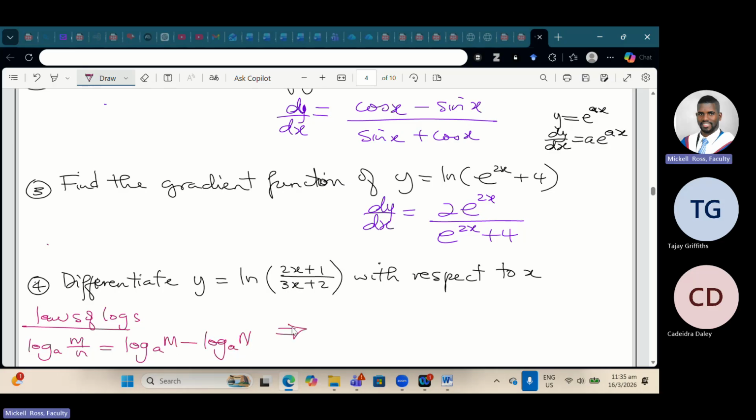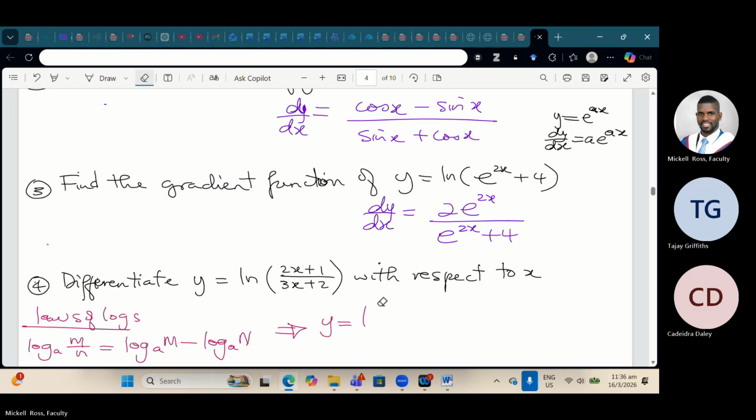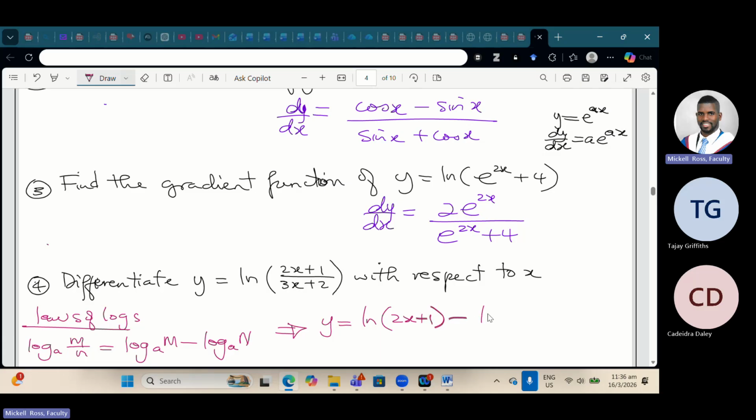So the same principle would work for this. We can write it as y is equal to the ln of 2x plus 1 minus the ln of 3x plus 2.